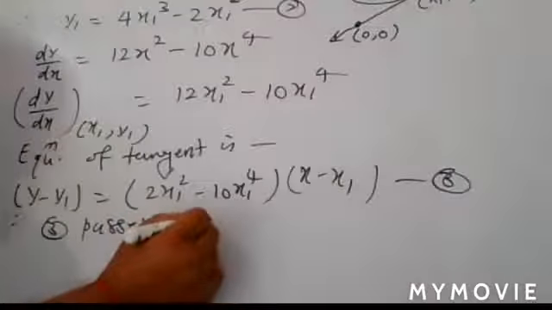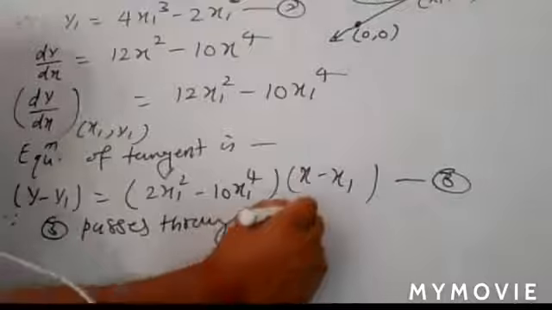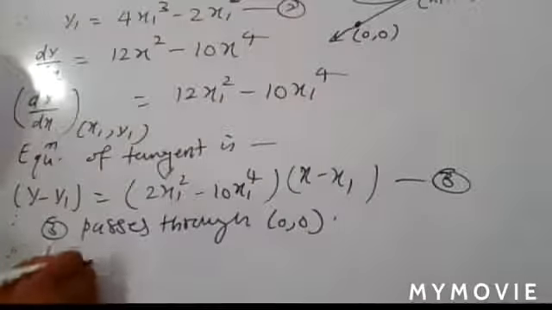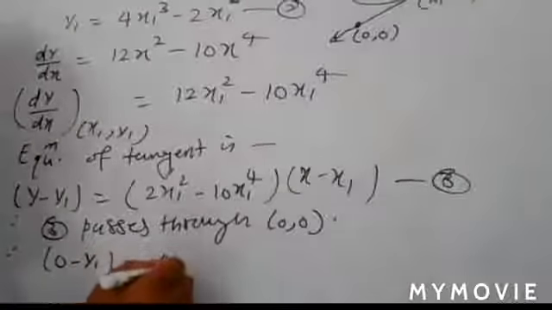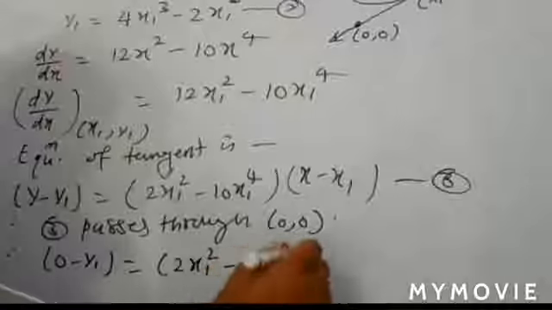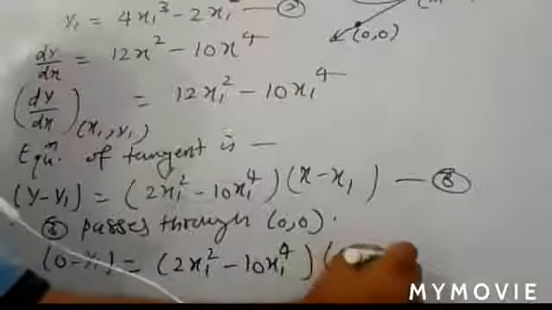So since 3 passes through 0, 0, put it there. So 0 minus y1 is equal to 12x1 square minus 10x1 to the power 4 into 0 minus x1.